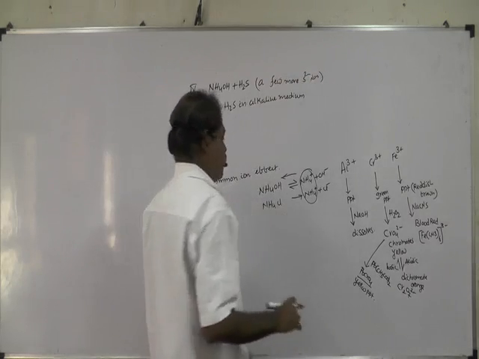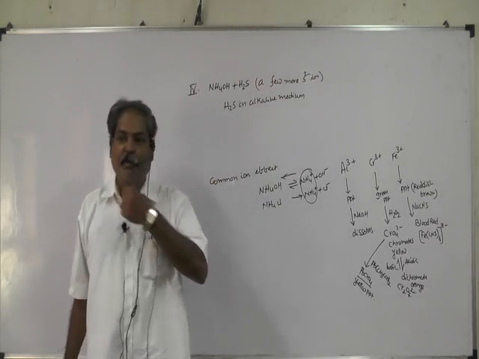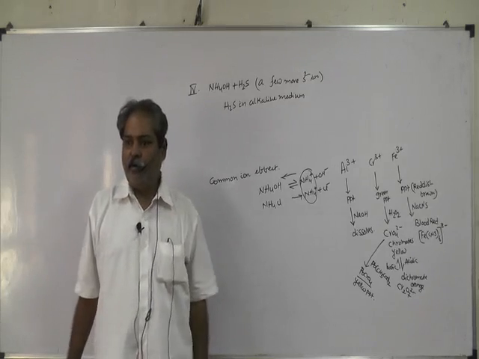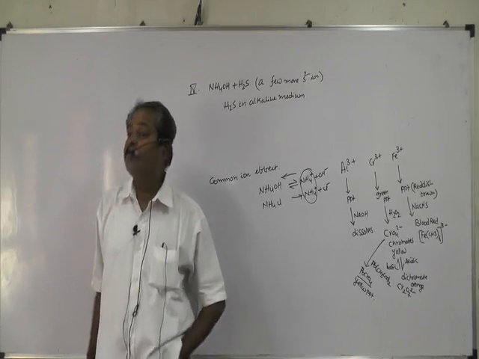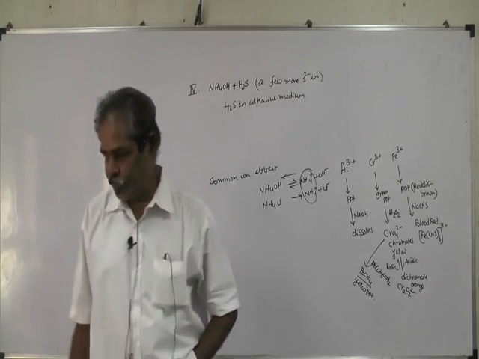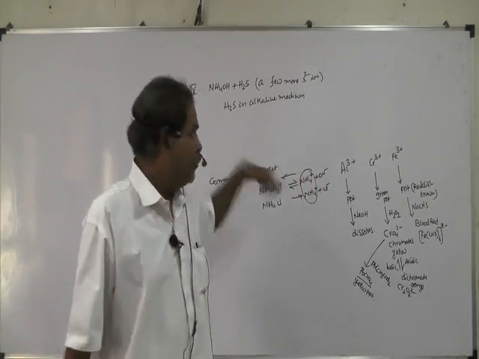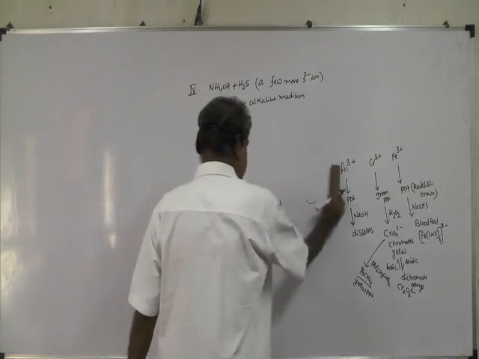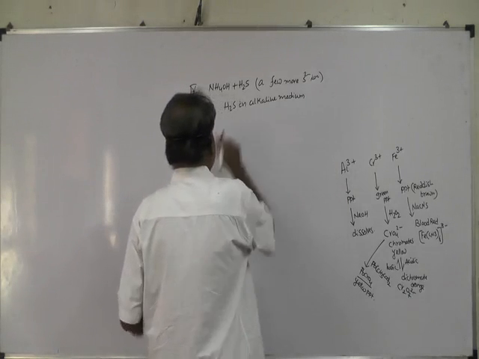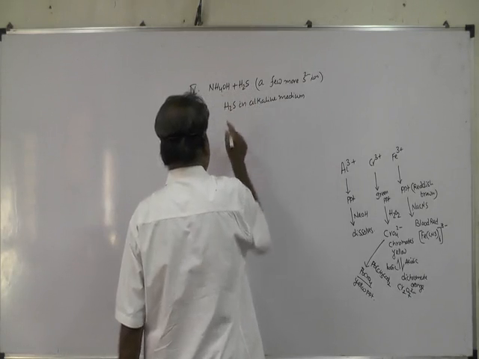Listen, 100 sulfide ions will precipitate anyone. One sulfide will precipitate only copper, mercury and bismuth. 10 sulfides will precipitate zinc and manganese. A few more. Why has it increased this time? This is acid, this is base.